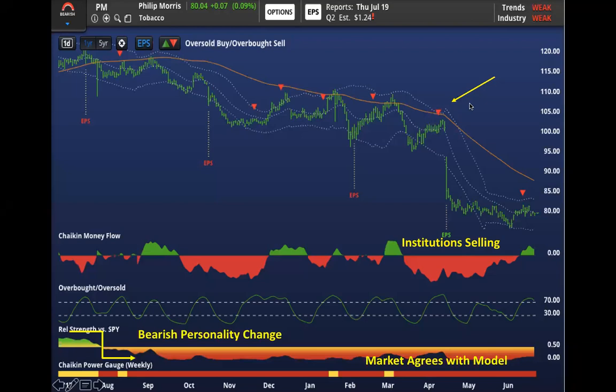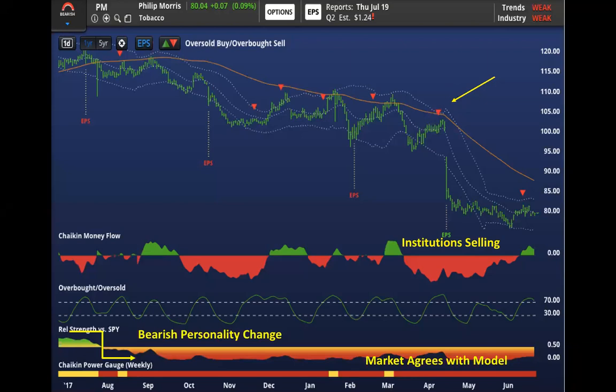Now, my colleague Dan Russo, who's our chief market strategist and a really great technician, he's the head of the Chartered Market Technicians in New York, writes Morning Market Insights. He made Philip Morris his bearish stock of the day right here when we got an overbought sell signal: new 8-day high with a bearish power gauge rating.